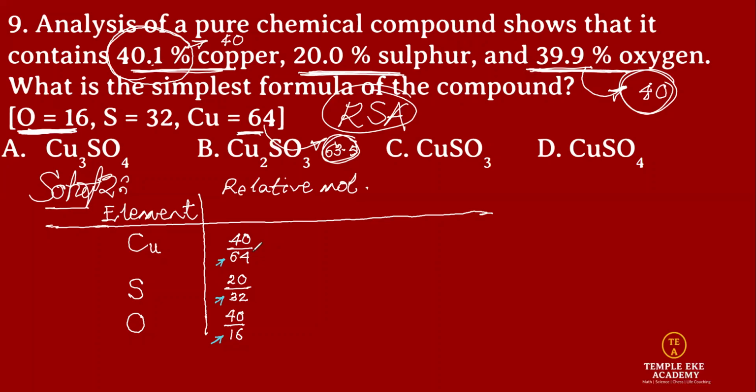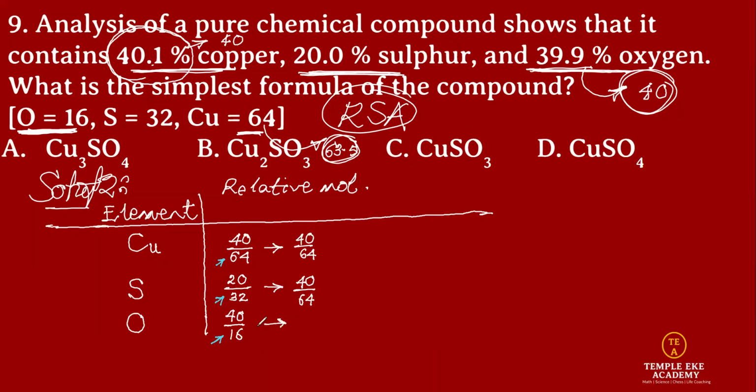So let us continue in that light and have, this is still the same as 40 divided by 64, maintain it, because 64 is the largest denominator here. What do we do to 32 to convert it to 64? Multiply by 2. So we do that for the numerator and the denominator. 20 times 2 will give us 40, and 32 times 2 gives us 64 again.